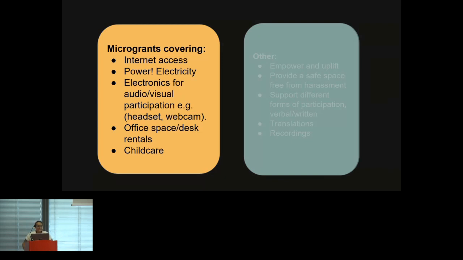And the microgrants are there to level the playing field, because we can't expect people to volunteer their time. That's a privilege that some of us have, but not everybody.